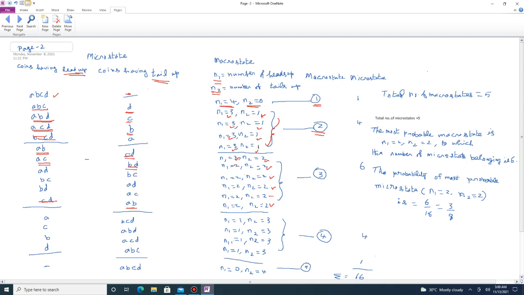In all the cases, the number of heads up is 2 and the number of tails up is 2. So this is another macrostate, which is the third. Then if you have one coin that is tail up.